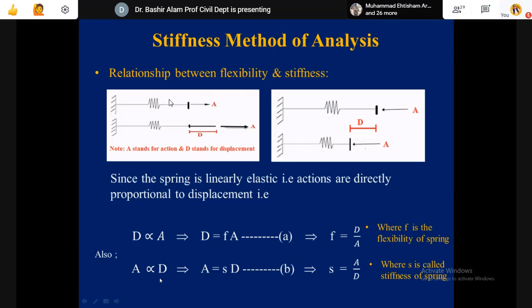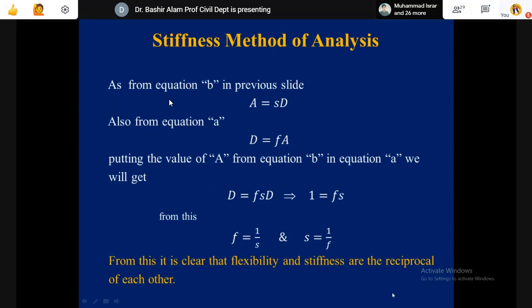Our A is directly proportional to D, so A is equal to SD, or S is equal to A divided by D, where S is the stiffness of the spring. Again, we showed that this flexibility is reciprocal to the stiffness. Our stiffness is the reciprocal of this F. So this is how it was shown.